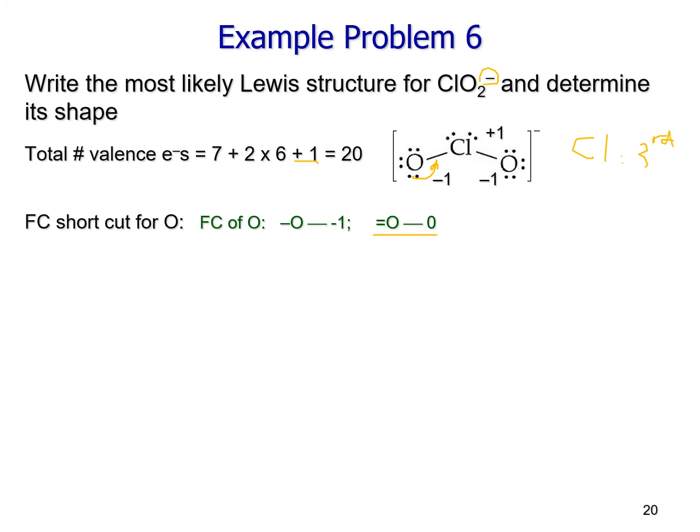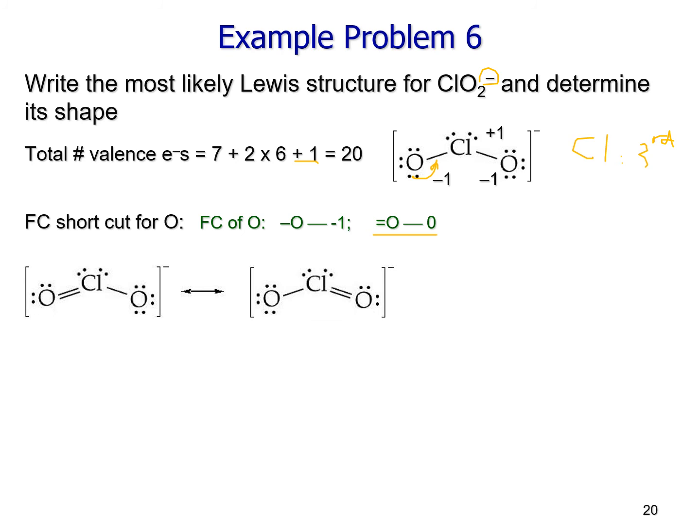So if it's in the third period, we know for sure it is okay for chlorine to have an expanded octet. Now that chlorine can have an expanded octet, we established that we can put a double bond between oxygen and chlorine, just for one.